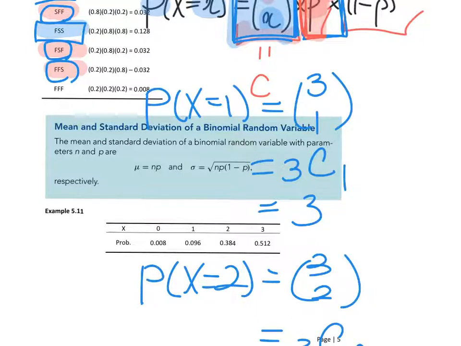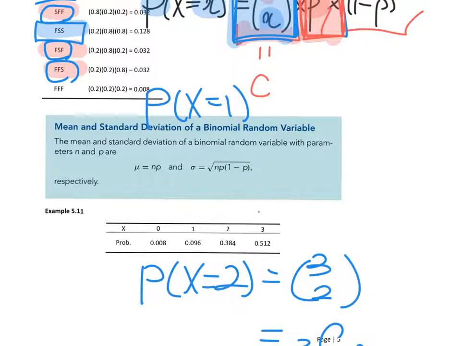So now I can say the second term, the p with the power x, is for the success. Before, when we took the probability x equal 1, it means one success, right? So we took the multiplication, one success and two failures.